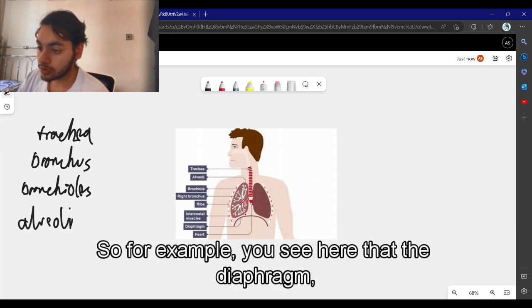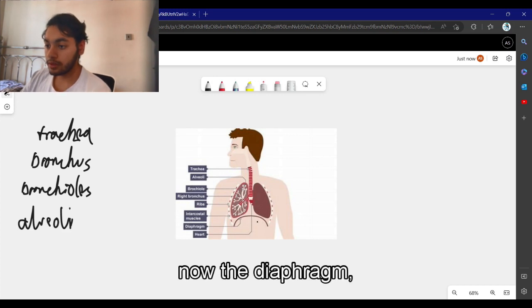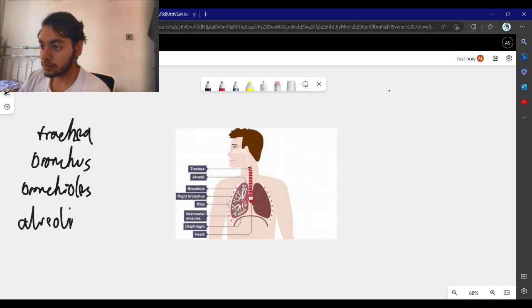So for example, you see here the diaphragm. Now the diaphragm contracts when breathing in. So I'll write it down here for you.